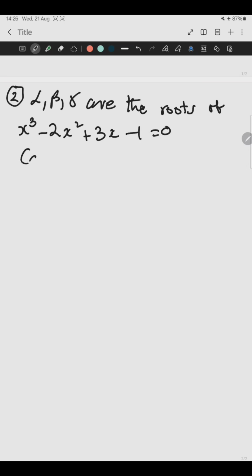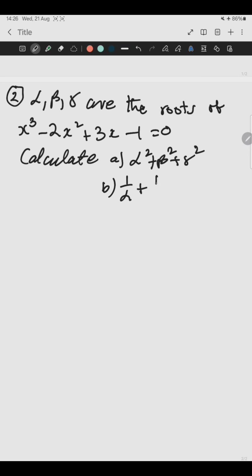We want to calculate, first of all, alpha squared plus beta squared plus gamma squared. Secondly, 1 over alpha plus 1 over beta plus 1 over gamma. And thirdly, alpha cubed plus beta cubed plus gamma cubed.